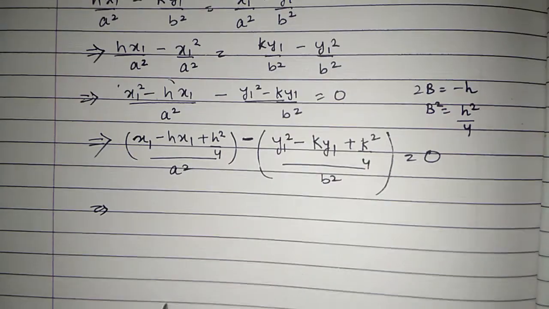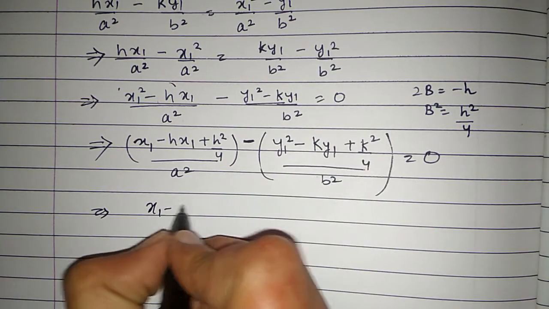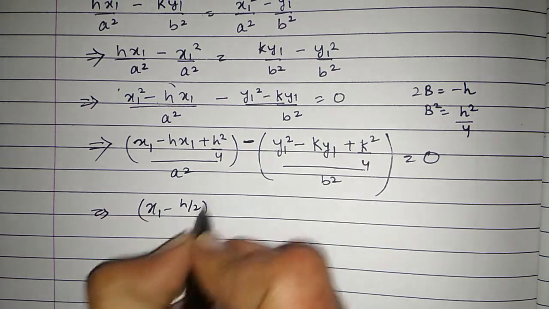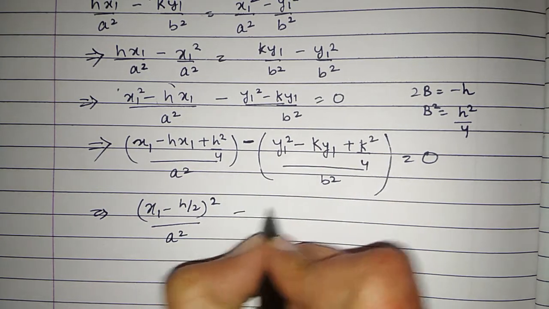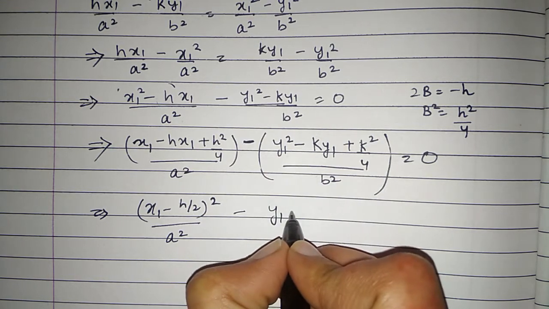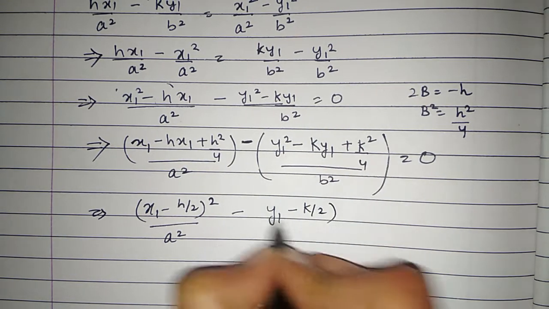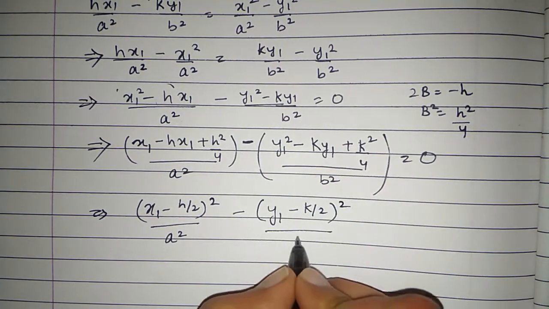Now this can be written as x1 minus h by 2 whole square over a square, and this can be written as y1 minus k by 2 whole square over b square.